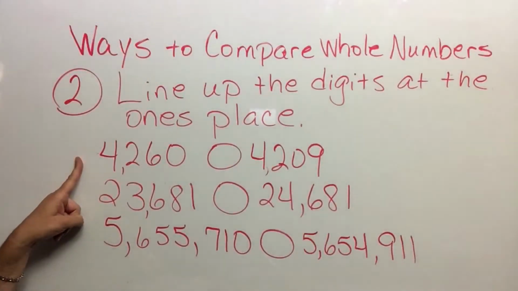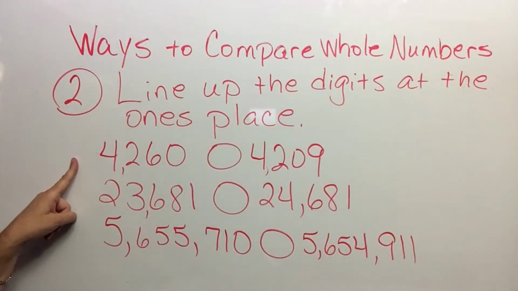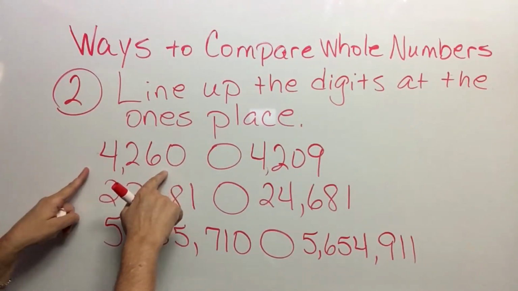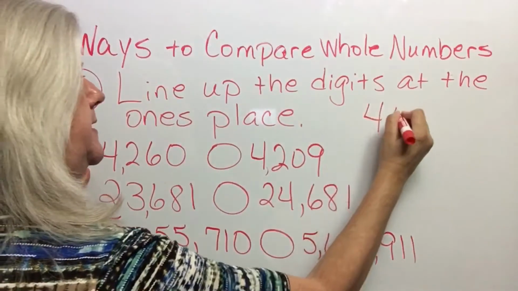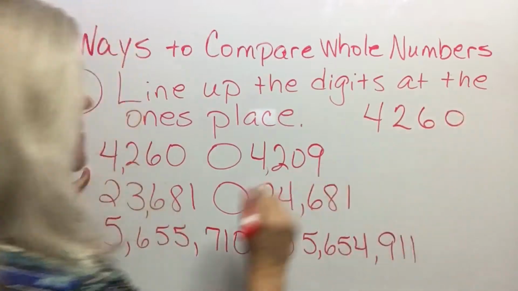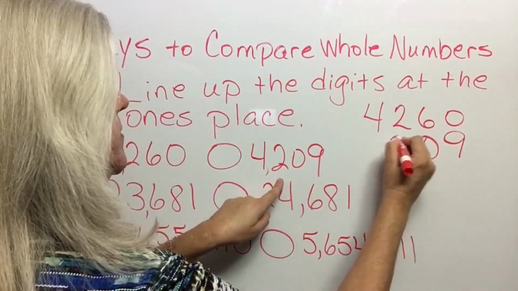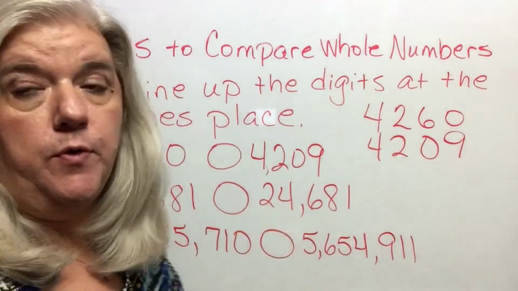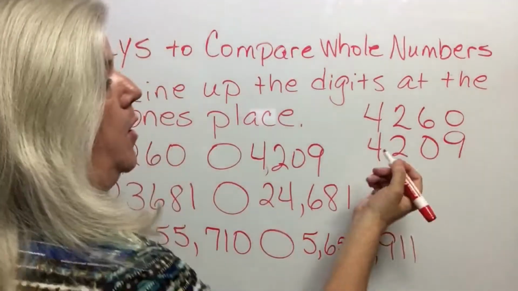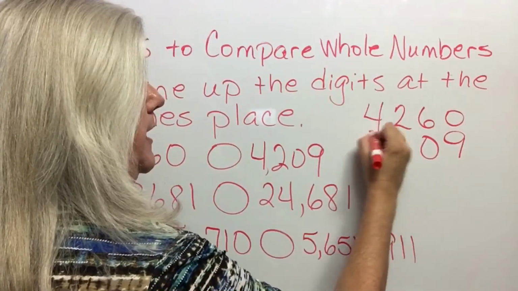So we're going to compare these numbers by lining them up. We're going to start with 4,260. And remember, we put the ones under the ones, 0, 2, 4. Very important that you line them up correctly. We start with the left digit.